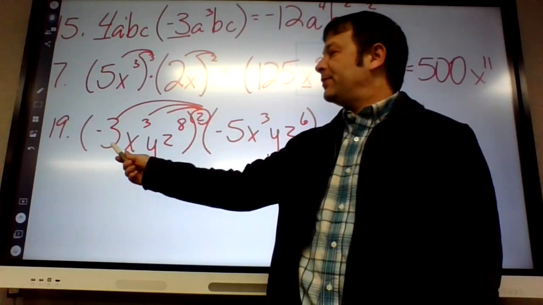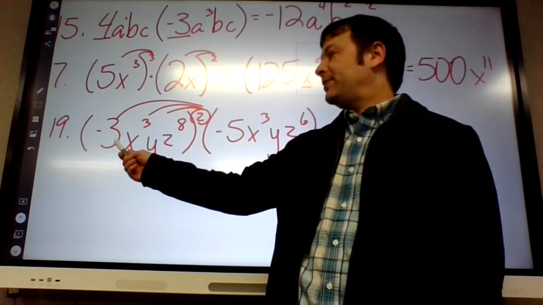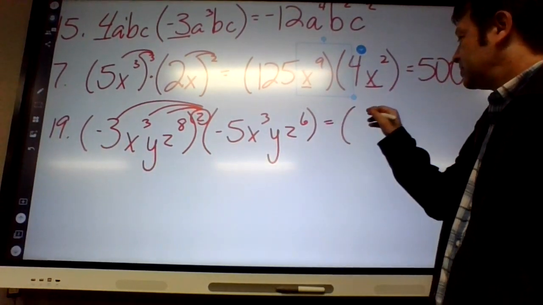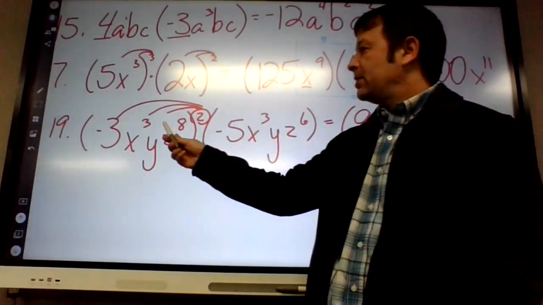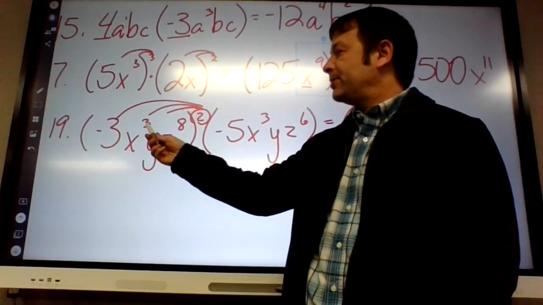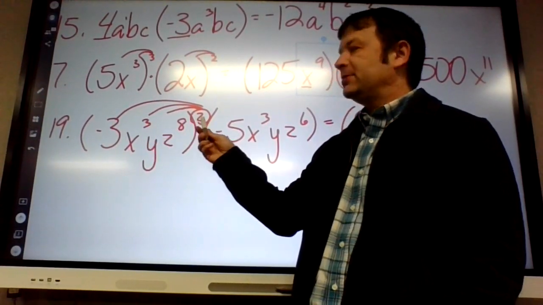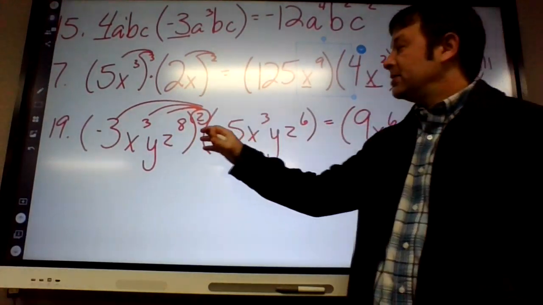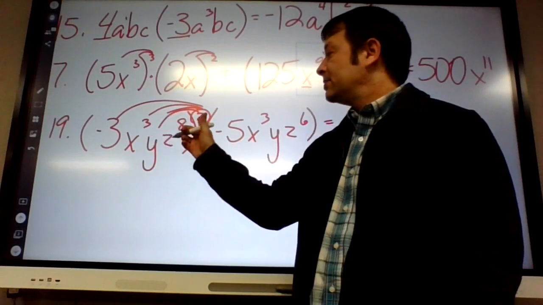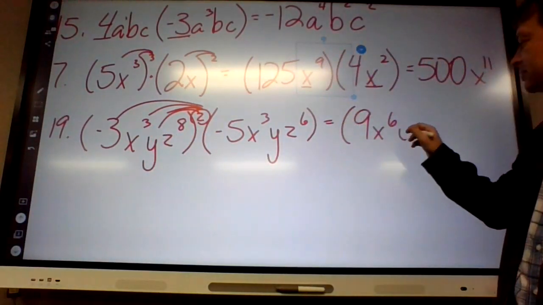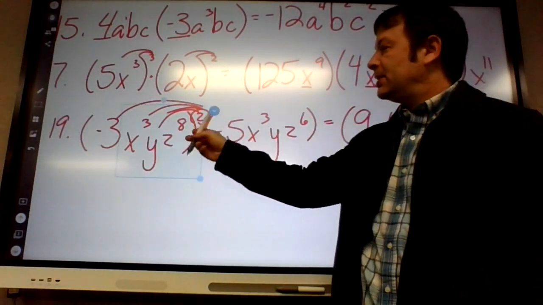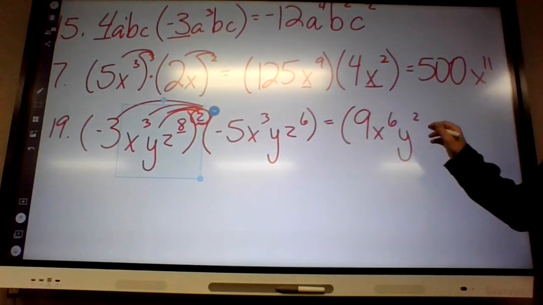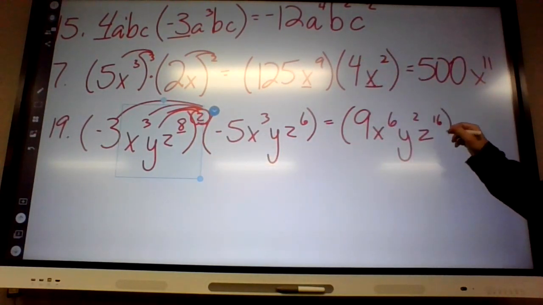Okay, so we do the exponent first, so everything in here needs to be squared. So what's negative 3 squared? What's negative 3 times negative 3? 9. Okay, what do we do with this exponent? 3x cubed squared? Multiply, yes: x to the 6th, y squared, z to the 16th.